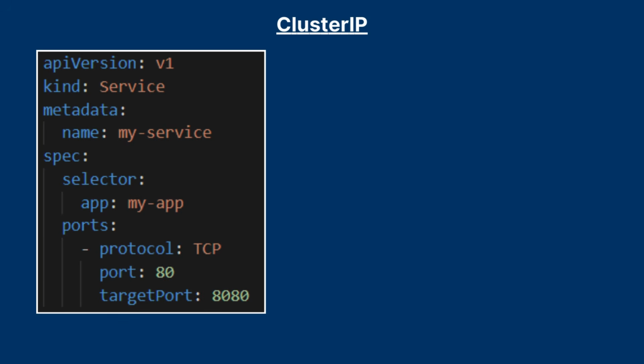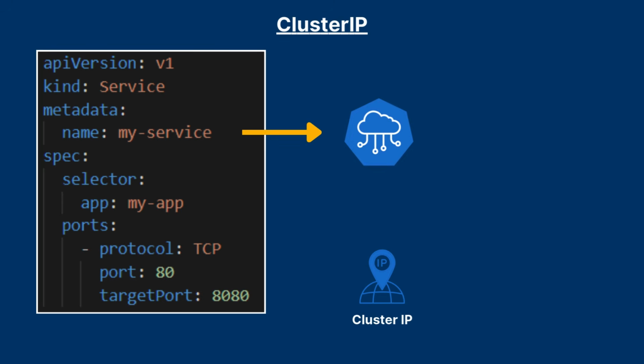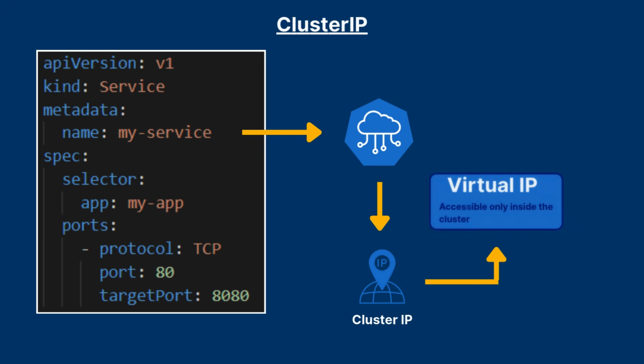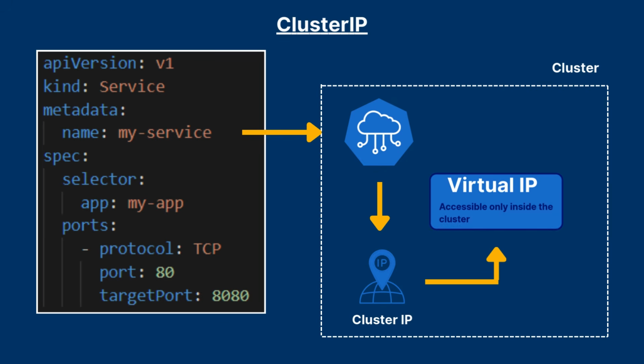Next topic is cluster IP. So what is a cluster IP? By default, when you create a service without specifying the type, Kubernetes makes it a cluster IP service. This gives the service a virtual IP address that is accessible only inside the cluster. That means other pods and services inside the cluster can reach it.